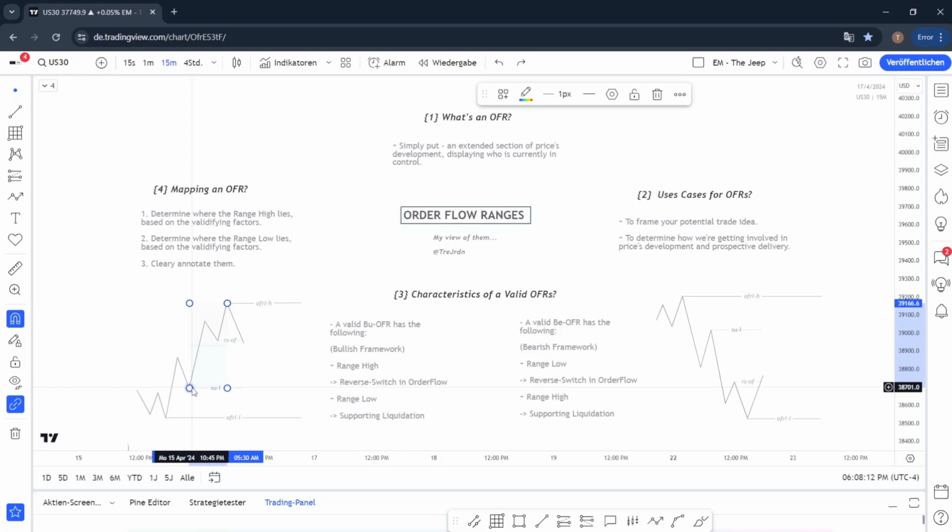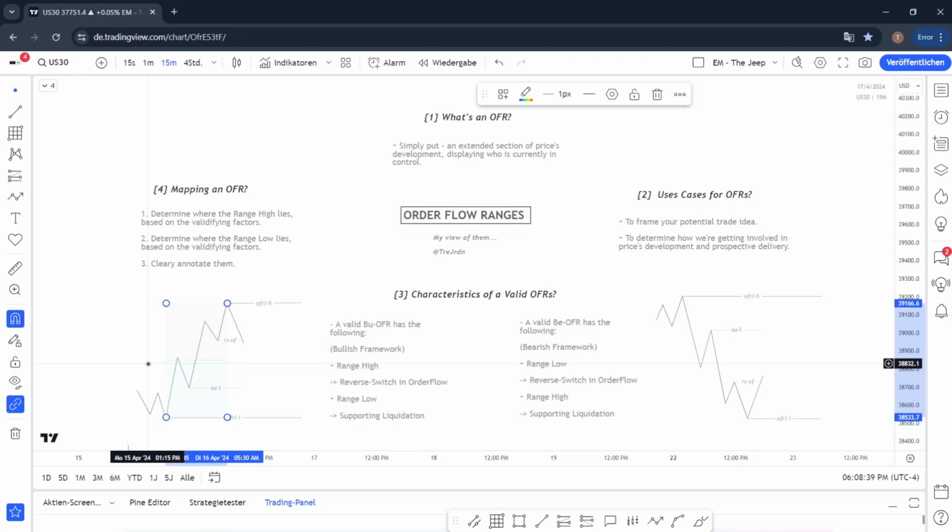This might not be my range low, this might actually be my support and liquidation. And so I proceed to choose another low, but this time a low that is actually valid. And why is it valid? Because the support and liquidation is evident. The validifying factors are both evident: the reverse switching order flow confirming the range high, and the support and liquidation confirming the range low.